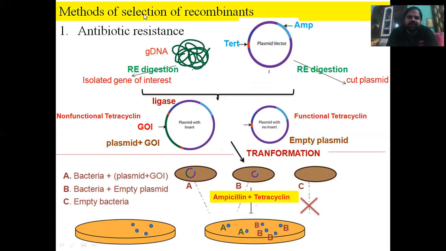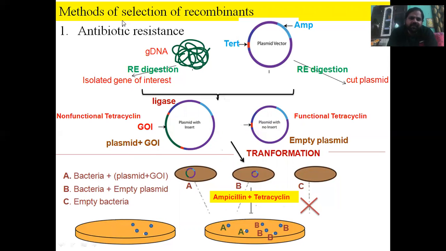There are two methods of selection of recombinants. One is antibiotic resistance and another is blue-white selection. We will understand this experiment one by one, and after this, we will understand why these methods are needed.